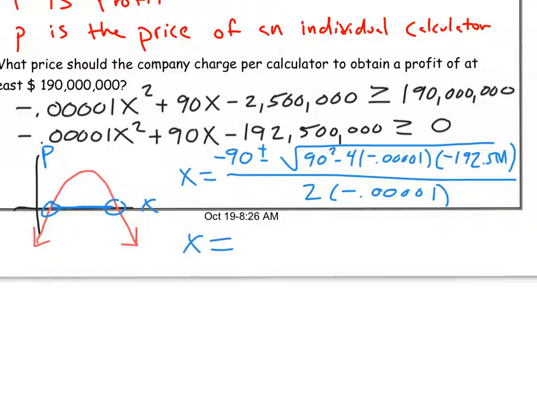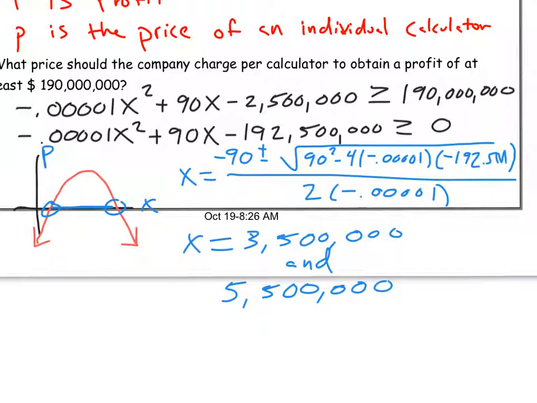So what you end up getting is one of your solutions is 3,500,000, and the other is, whoops, not 4, 5,500,000.